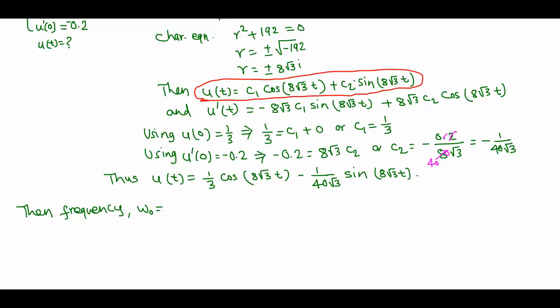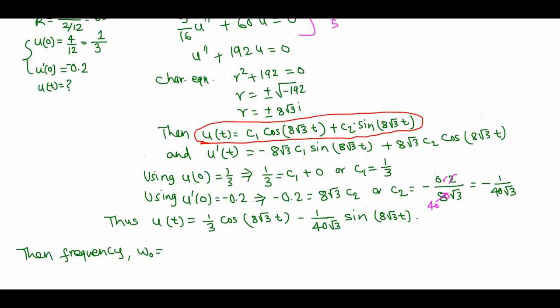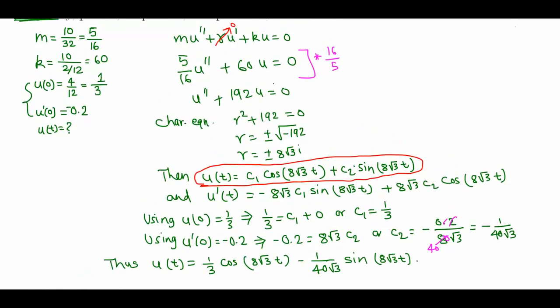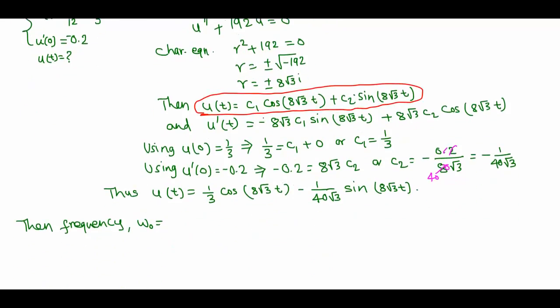Whatever we have inside, 8√3, this is it. The formula is always the square root of k over m. That's the natural frequency. So we found 8√3, which if you want the decimal is 13.86, or 13.856, in radians per second.